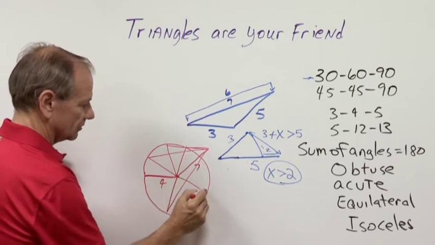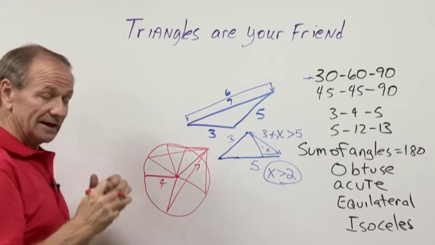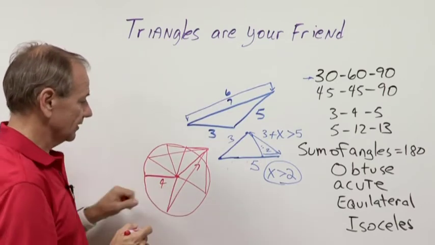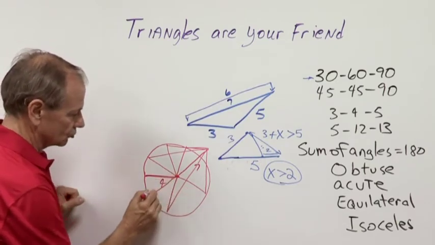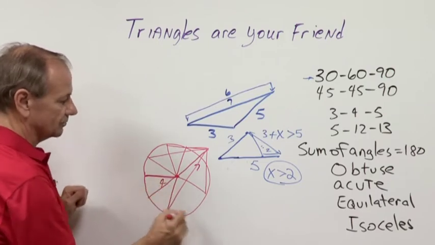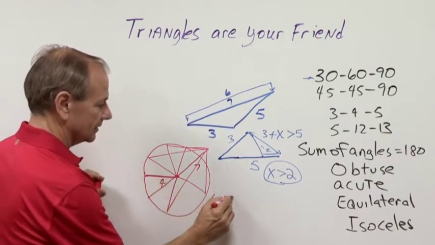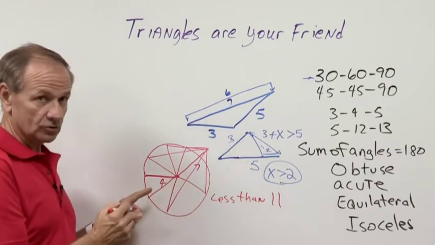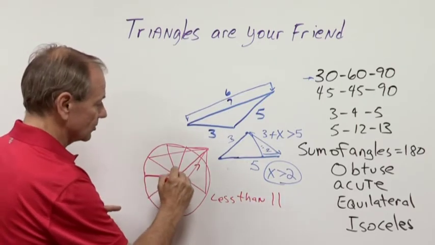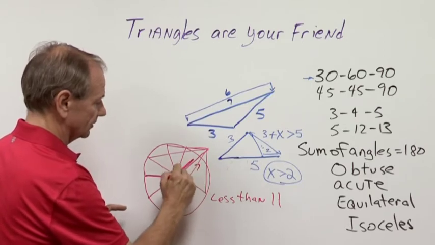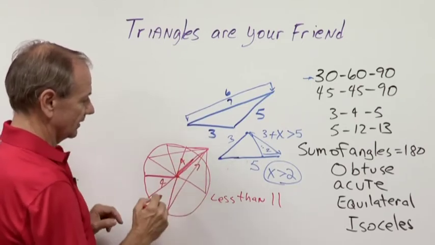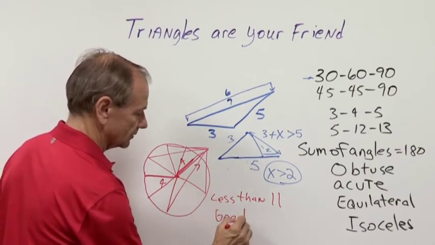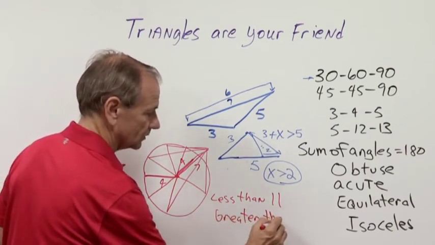Anywhere that I move this side, I can make a triangle back. The only thing is, if I go straight over here, it has to be less than 11, because 7 and 4 is 11. And if I pulled it down to here, where that was the 4, the other side would have to be greater than 3.